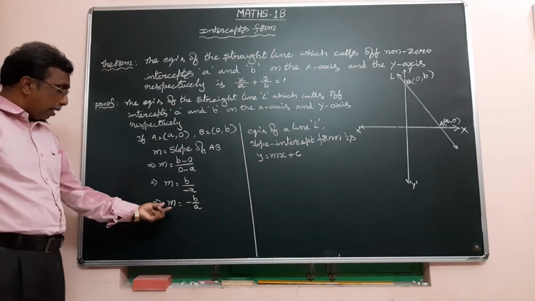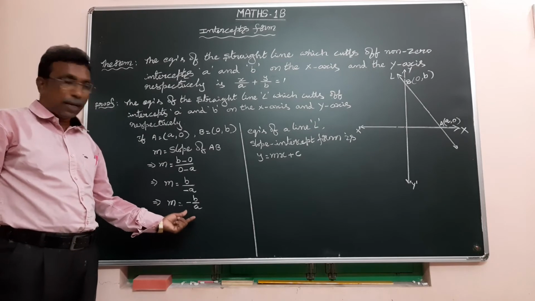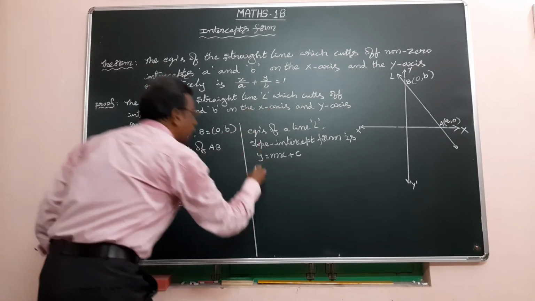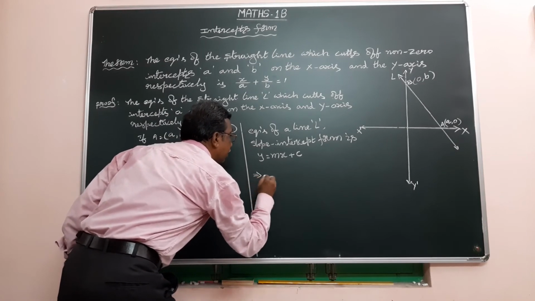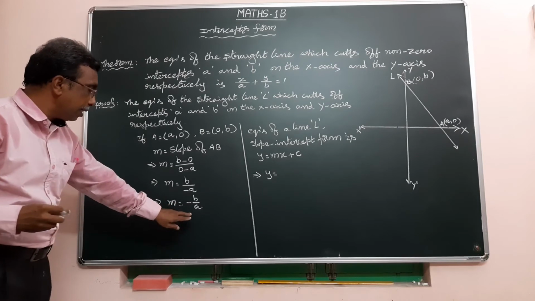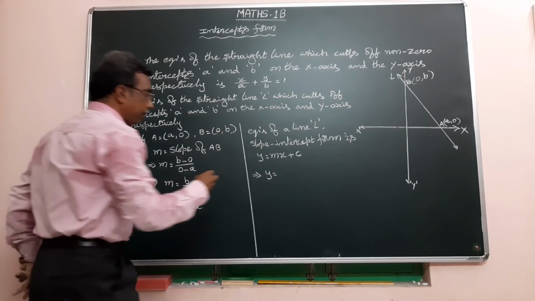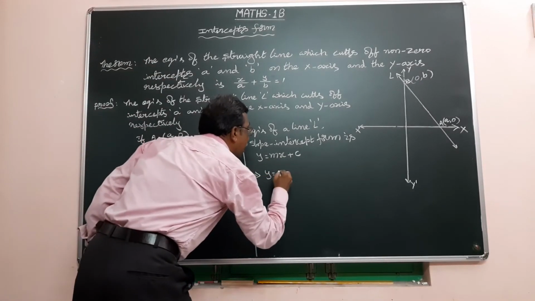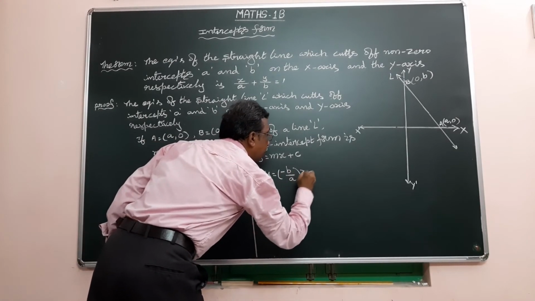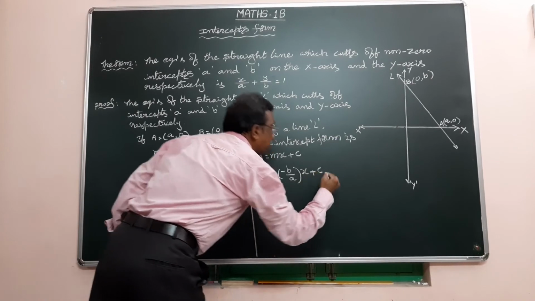Now, m is how much? Minus B by A. Now substituting this value in the equation, y equal to minus B by A into x plus c.